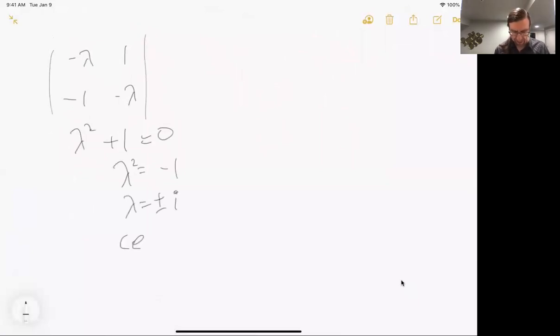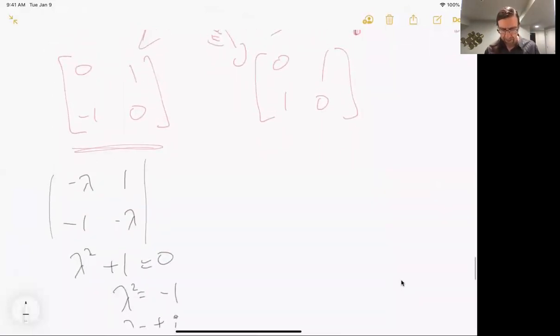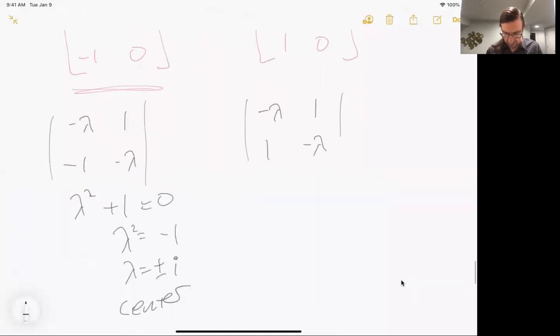So that's a center. Okay. Over here we have [-λ, 1; 1, -λ] gives us λ² - 1 = 0. So λ equals plus or minus 1. All right, that gives you a saddle, right? λ is plus 1, things move away from the origin. λ is minus 1, things move toward the origin.